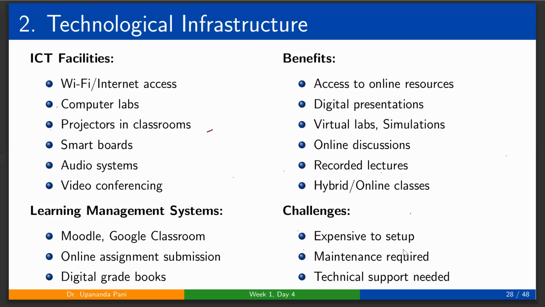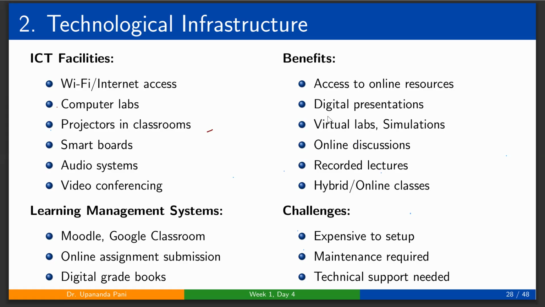Now, let's see the technological infrastructure. ICT facilities: Wi-Fi, internet access, computer labs, projector in the classroom, smart boards, audio systems, video conferencing. And you should have a learning management system: Moodle, Google Classroom, online assignment submission, digital gradebooks.